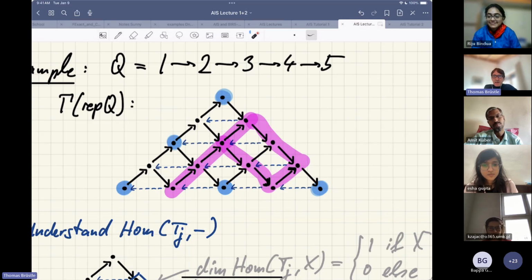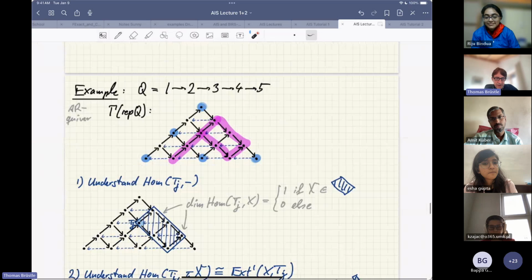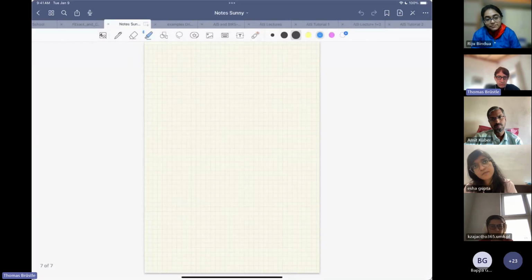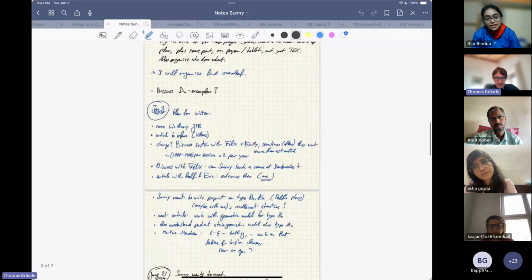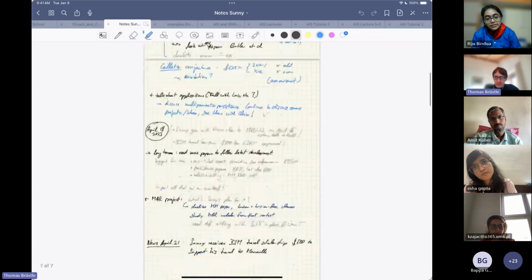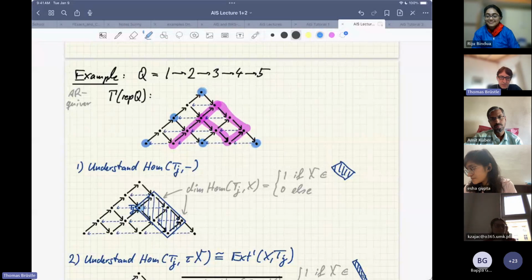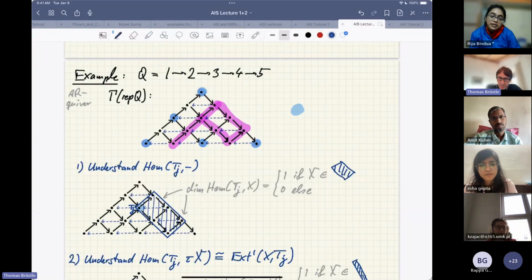This is how it works. That's good? Okay. So this is a game that we can do. So the blue choices would correspond to a tilting module.